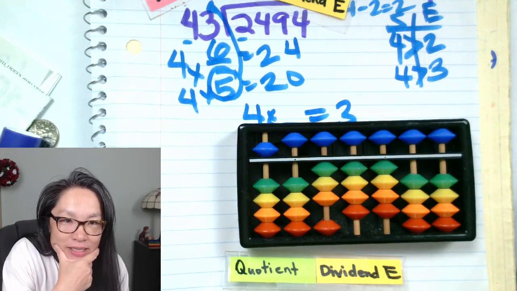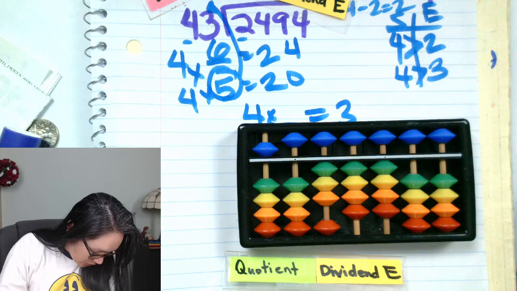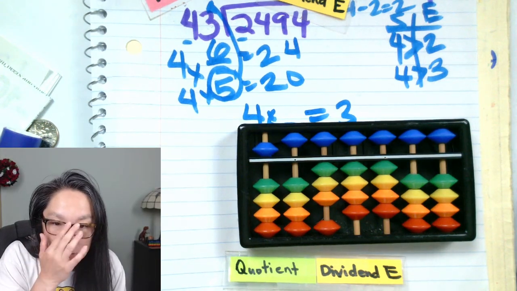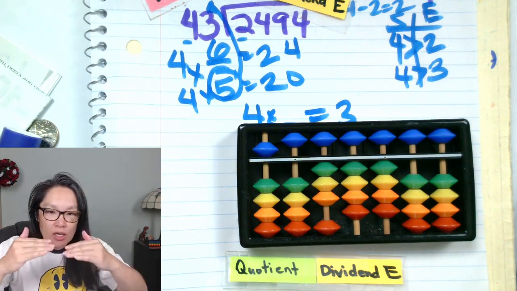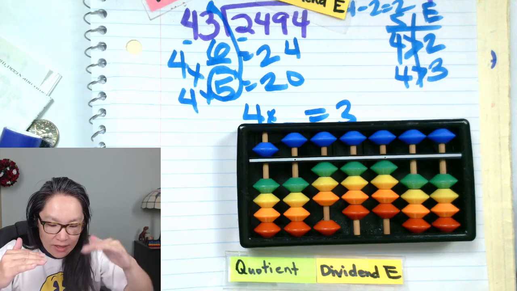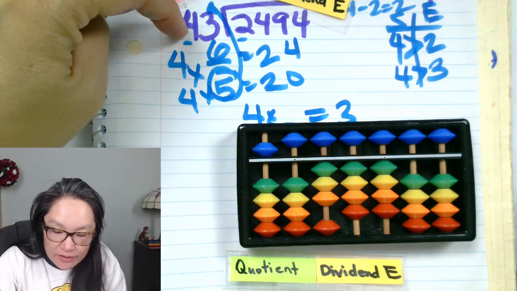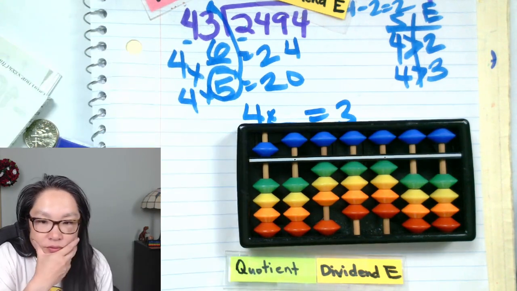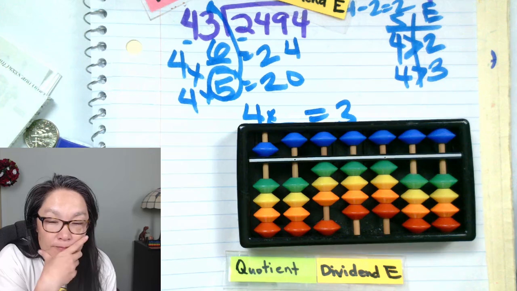I laugh because this is what I'm struggling with. When the quotient is too big, you need to go down a notch. So you have to add the divisor, and then take out. Instead of doing 6, you do 5.